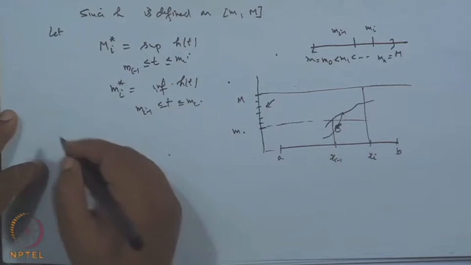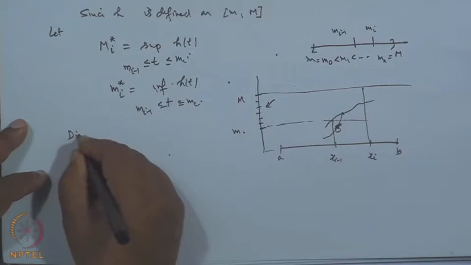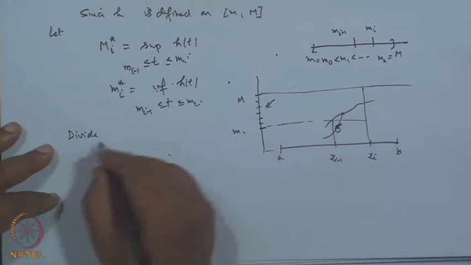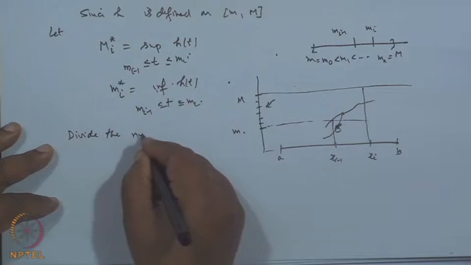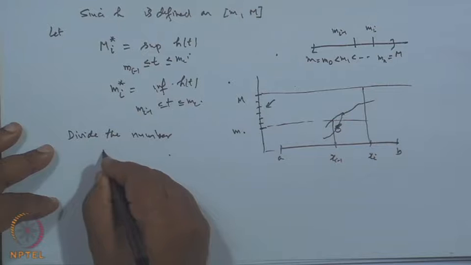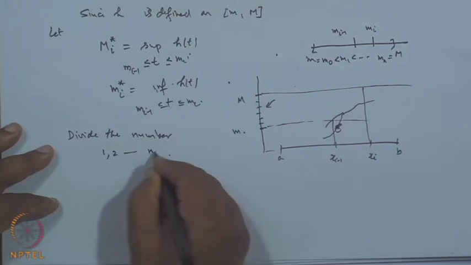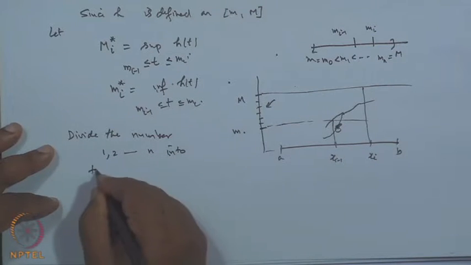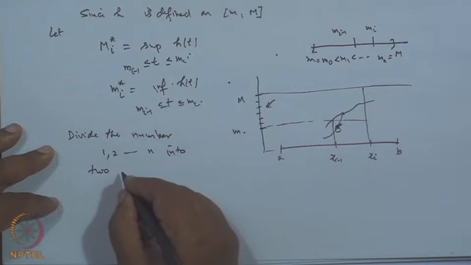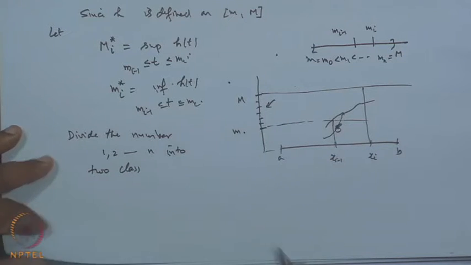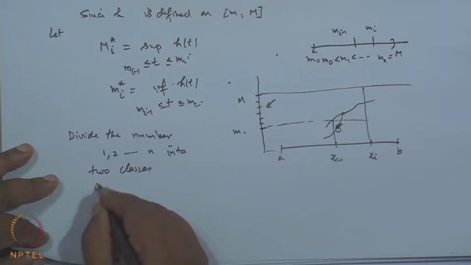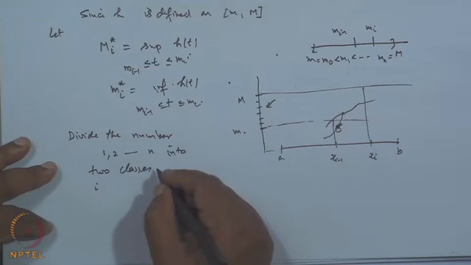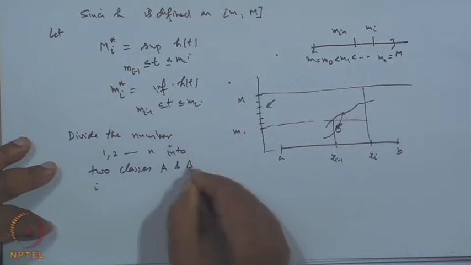Now, let us choose the partition. Suppose I divide the numbers 1, 2, 3, ..., n into 2 classes, A and B, as follows.